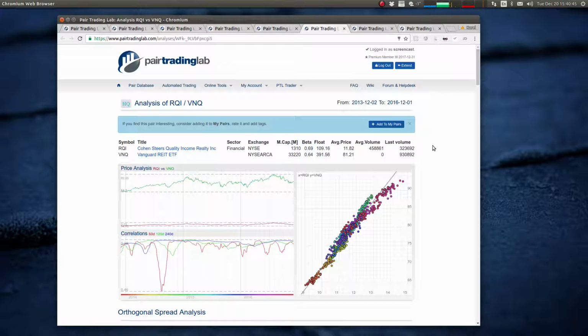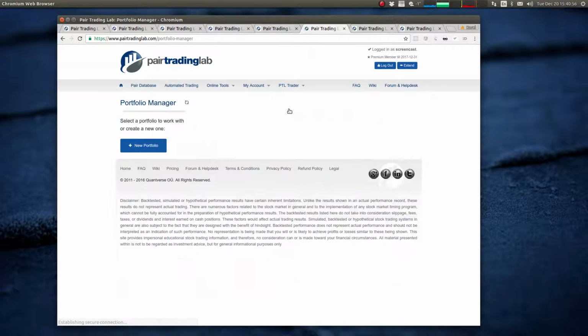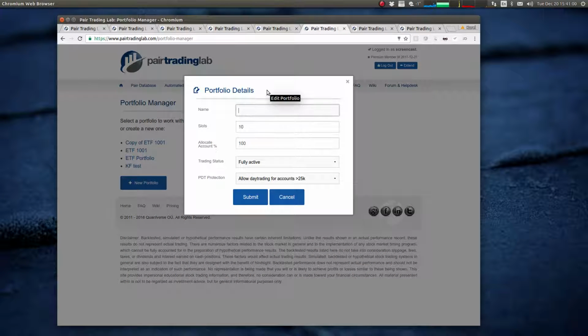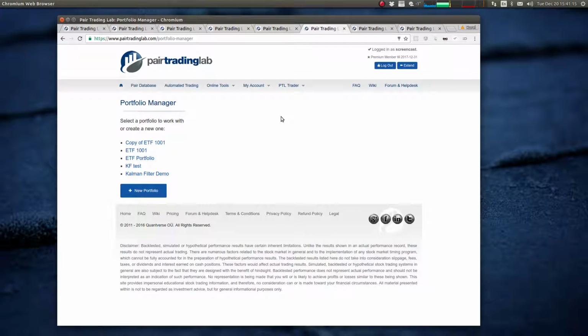So you can already use these Kalman filter based models in Portfolio Manager. Let's make a small portfolio demo with 2 slots.